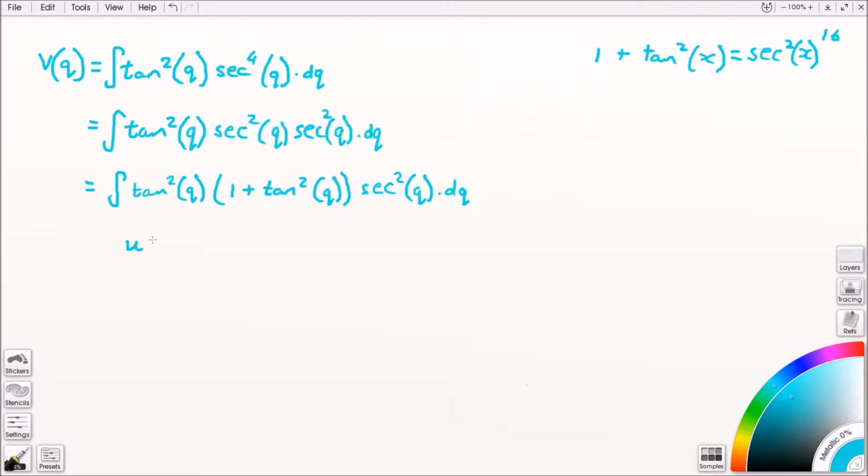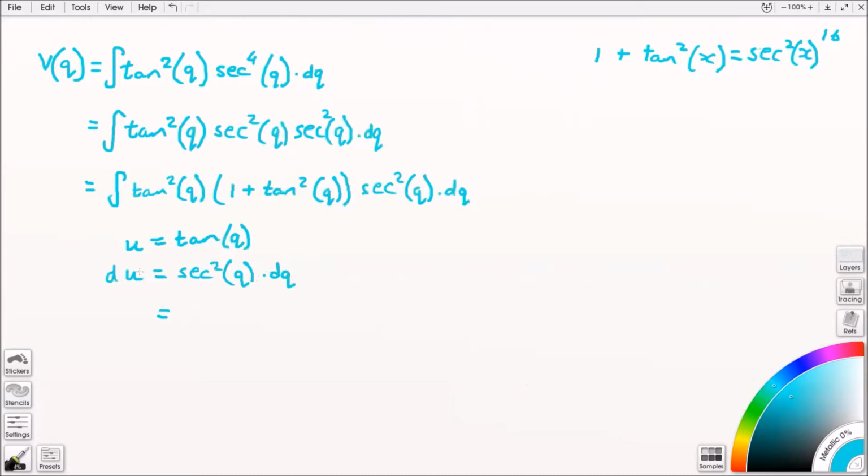So if we make u equal tan x, then du here will now equal, well, the derivative of tan x is secant squared x dx.